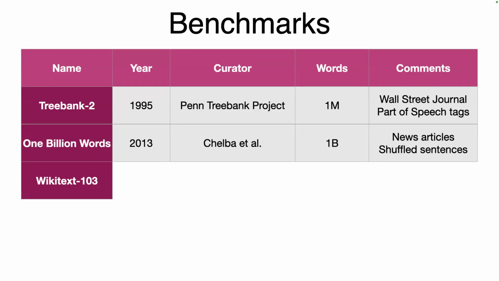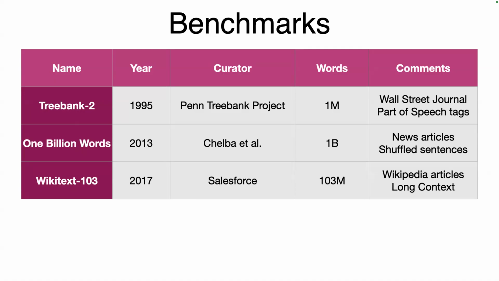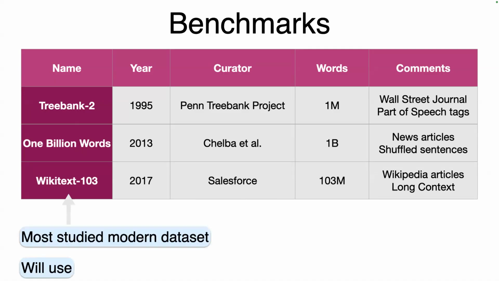And then there's WikiText, from 2017, which consists of 103 million words. In one of them, the articles are shuffled, so it doesn't have the long context that we're looking for. That's why it's a little less used. The other is articles from Wikipedia, and they therefore have longer context. So this one is the most studied and the one we'll use.